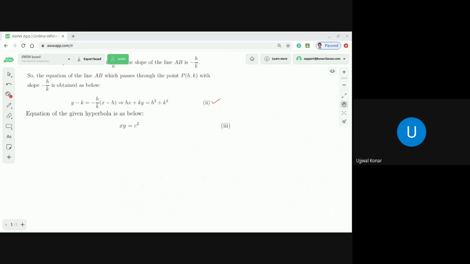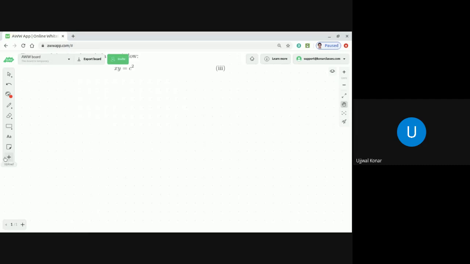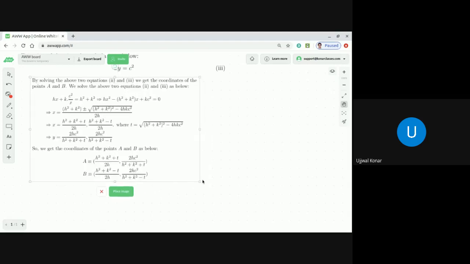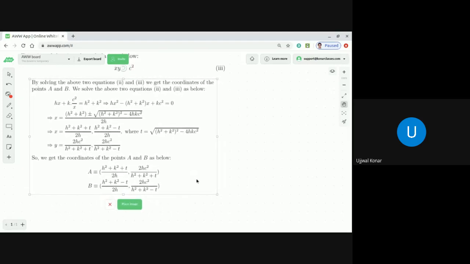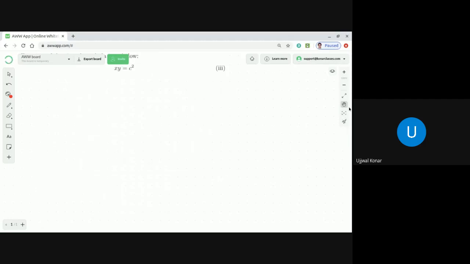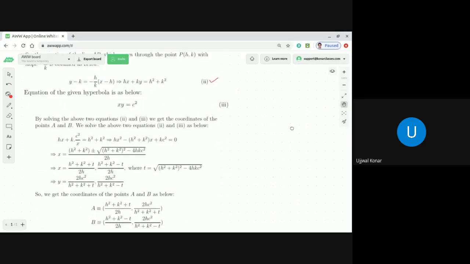We get something like this after solving. So if you look into it, hx plus k into y, where y we write as c square by x from equation 3. The entire thing becomes a quadratic equation in x, by substituting y equal to c square by x, which we obtained from equation 3.